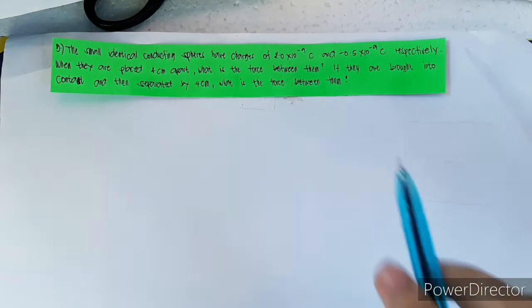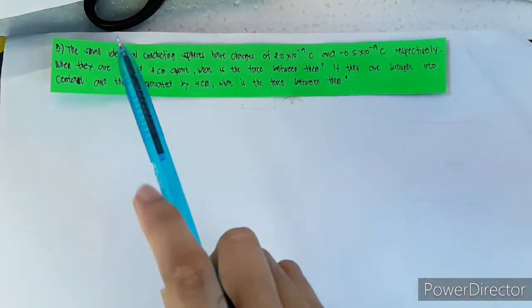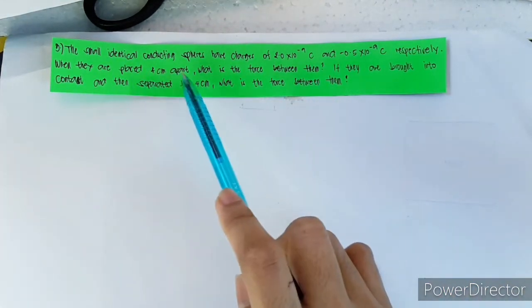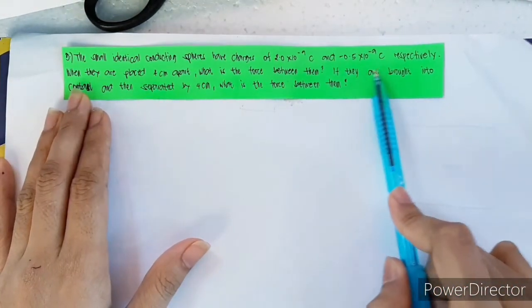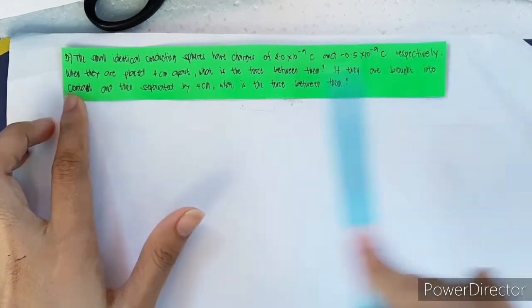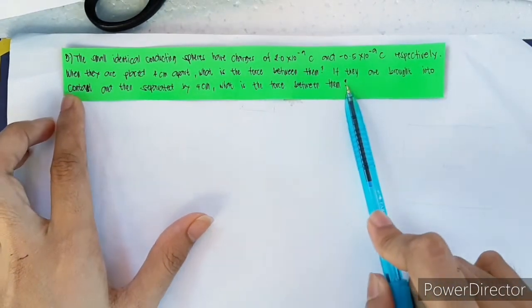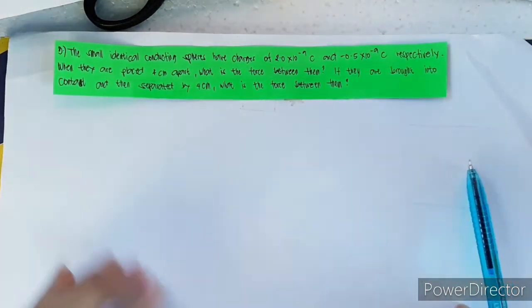So for this problem, we have two unknowns. The first one is when they are placed 4 cm apart, what is the force between them? And for the second one, if they are brought into contact and then separated by 4 cm, what is the force between them? So first, let's have the given.